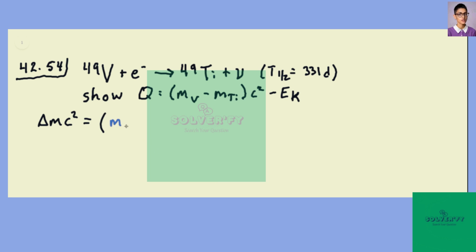So we use blue for the nuclear masses. So this is M_Ti minus M_V minus the mass of the electron.